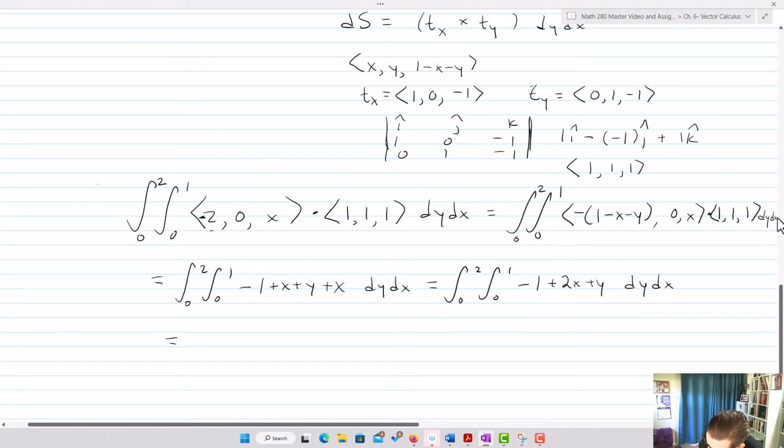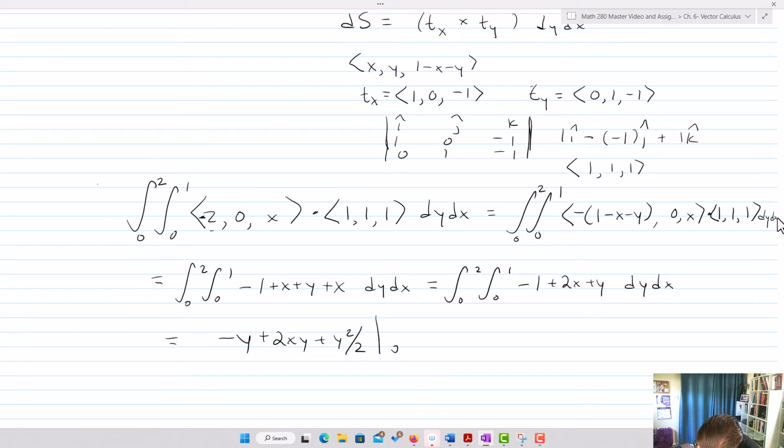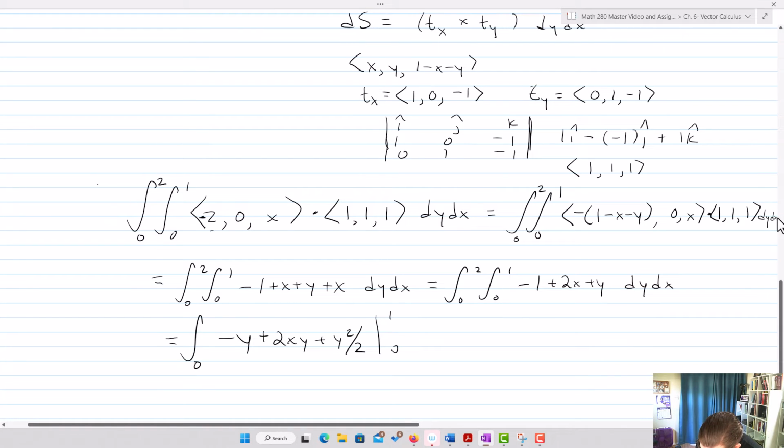So we'll go out, we'll find it. We get negative y plus 2xy plus y squared over 2, evaluated from 0 to 1. And we'll integrate that from 0 to 2 dx.